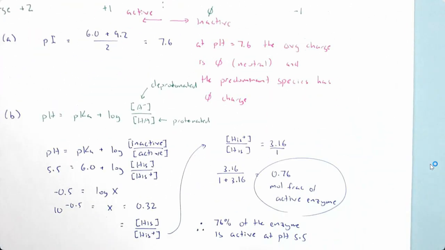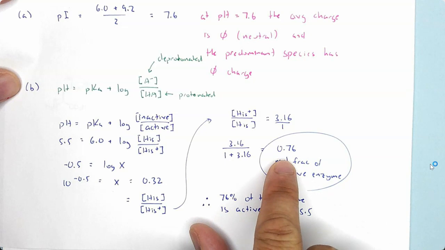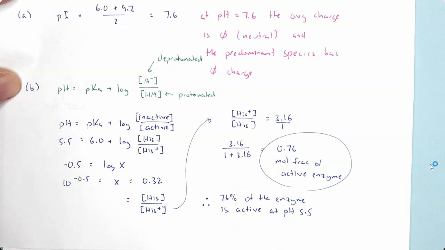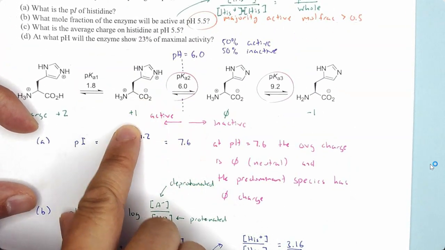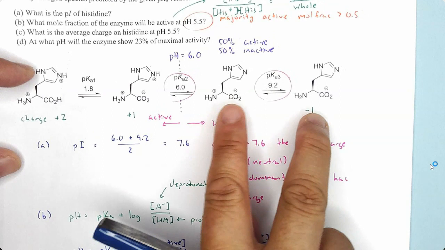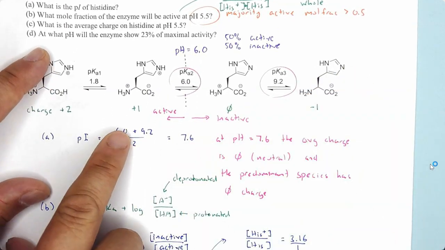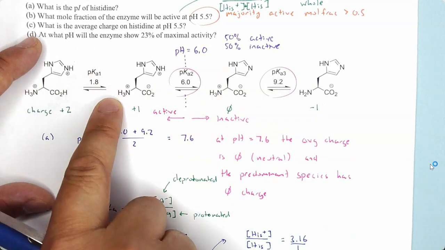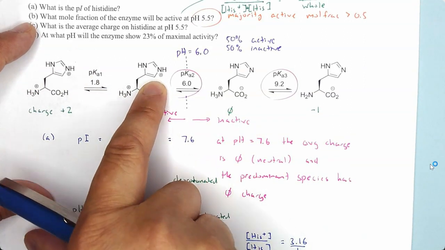Because we know the mole fraction, we're going to use the mole fraction of where the predominant species is +1. So again, you're ignoring these species at the end. They don't really matter. And so we have 76% of the whole being +1. The ring is protonated.